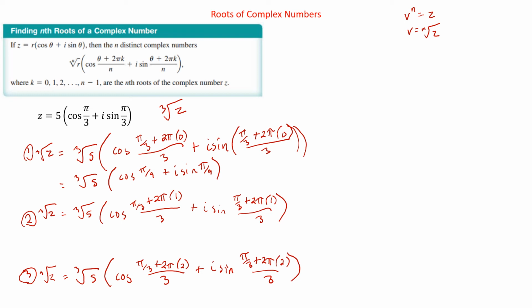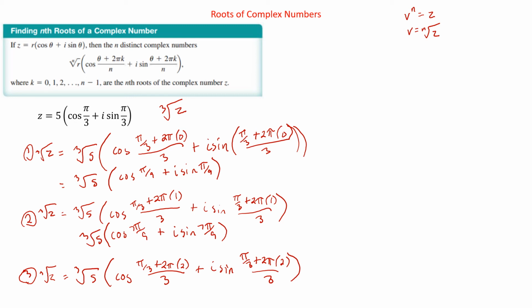The next one, we have pi over 3 plus 2 pi times 1. Well, 2 pi is 6 pi over 3, so that's 7 pi over 3 divided by 3, which will be cosine of 7 pi over 9 plus i sine 7 pi over 9, and we still have the cube root of 5.